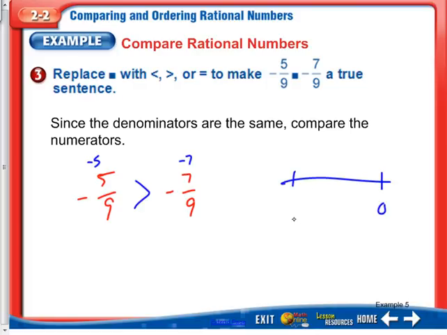We'd say maybe we have -1 right here. Well, -5/9 is going to be maybe just over halfway. Here's -5/9. And then -7/9 is going to be about right here. So this one is closer to being a positive number, so therefore this one has a greater value.